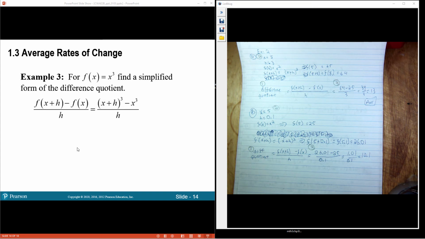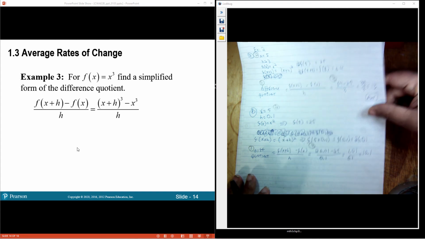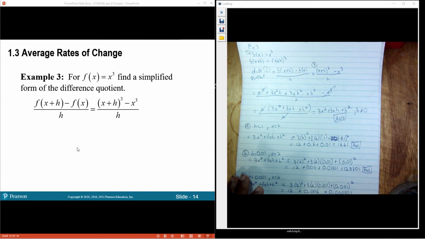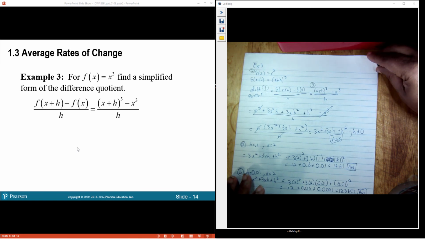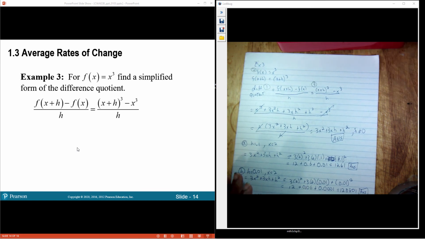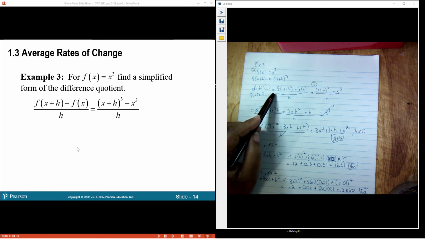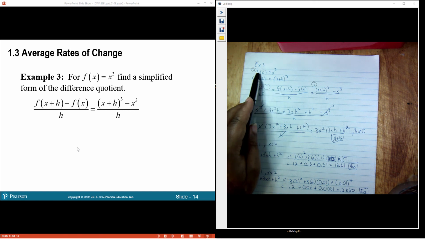Example 3. Find the difference quotient for x cubed. The first thing I did was write out my formula. The second thing I did was assign values to my variables.